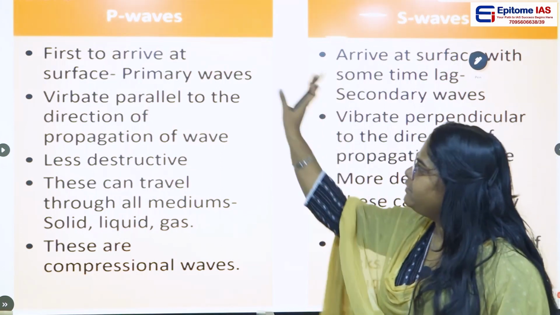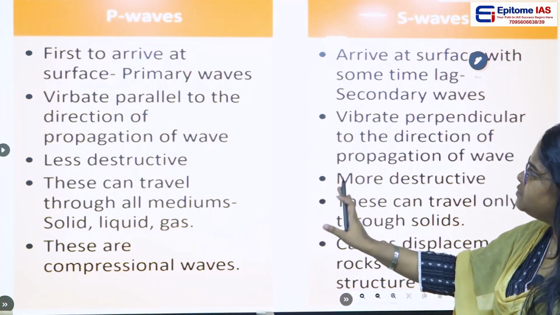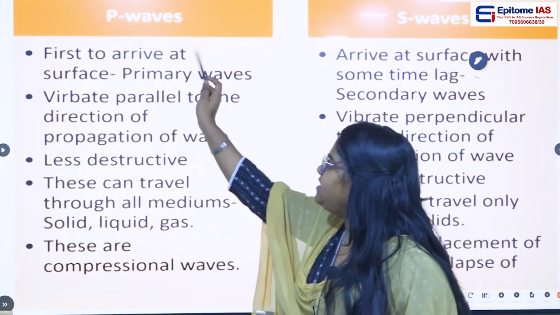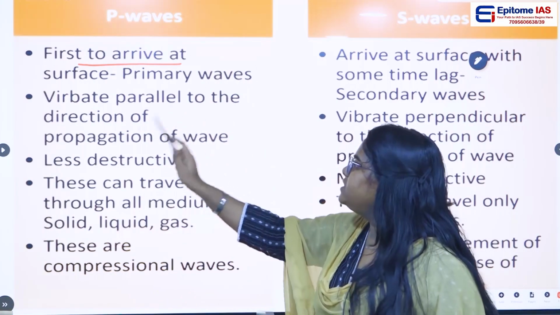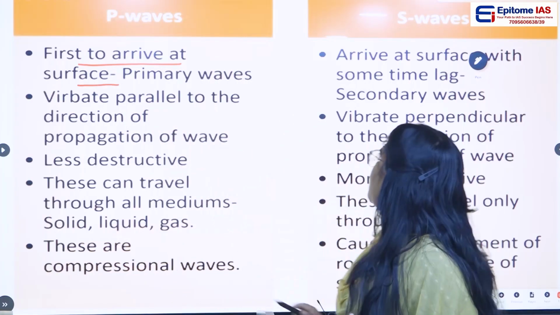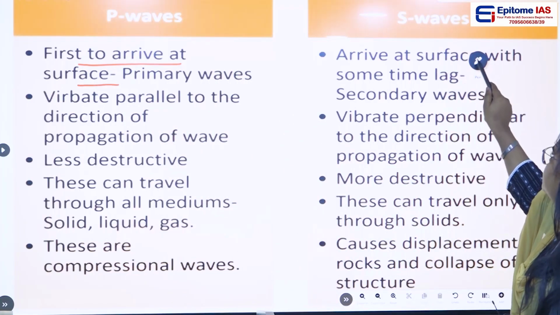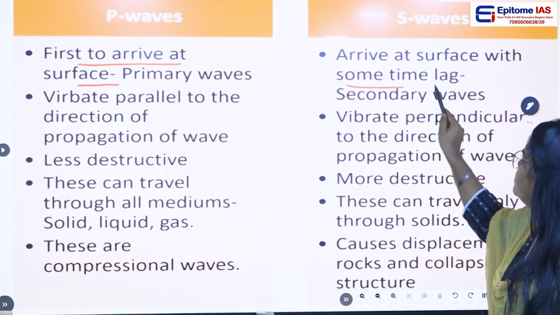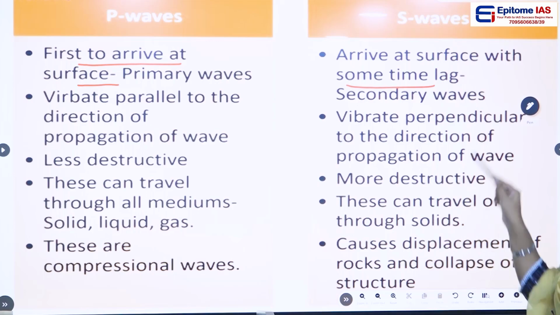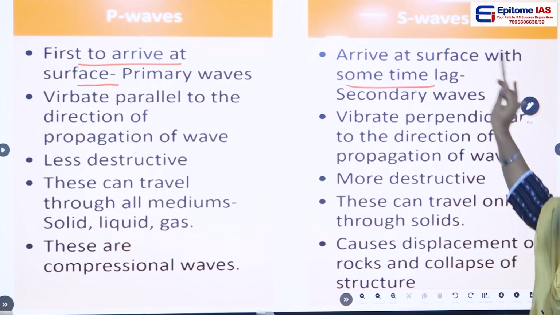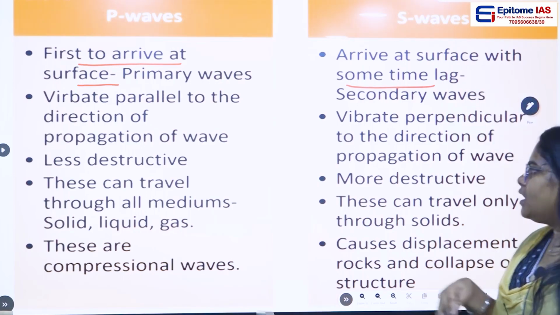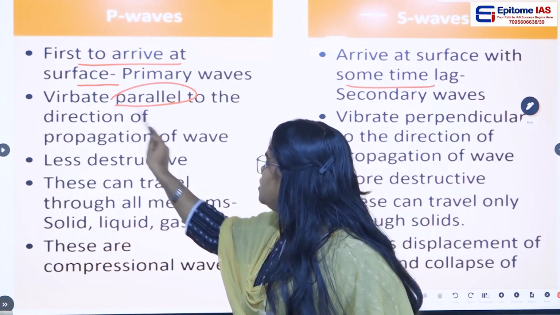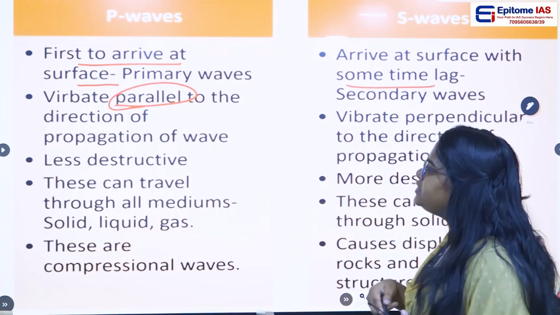So here we have the basic differences between the P waves and the S waves. First, P waves are the first to arrive at the surface, while S waves take some time to reach it. There is a time lag. Second, P waves vibrate parallel to the direction of propagation of the wave.